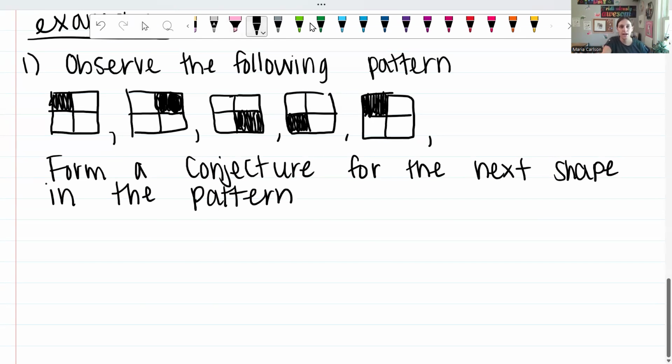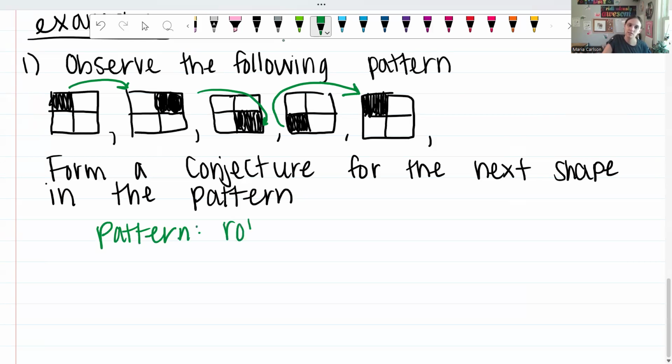Looking at our pattern, if I wanted to describe what's happening here, it looks almost like this is rotating, right? It's turning clockwise. You could almost even think of it as your square is jumping, right?